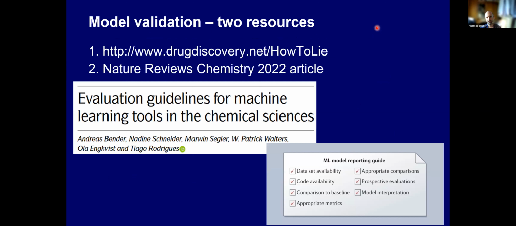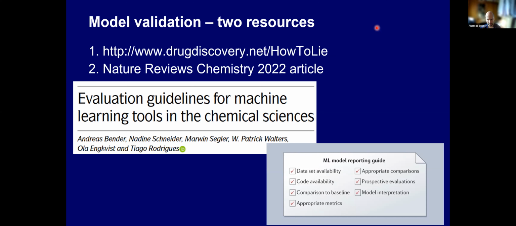There are two resources I can recommend to look at. One is a blog post at drugdiscovery.net/how-to-lie that I wrote. It's not about how to lie, of course. It's about what to watch out for in order to present results of a model in a trustworthy way. And the other one is a Nature Reviews Chemistry article that we published together with Nadine, Marvin, and so on: Evaluation guidelines for machine learning tools in the chemical sciences.